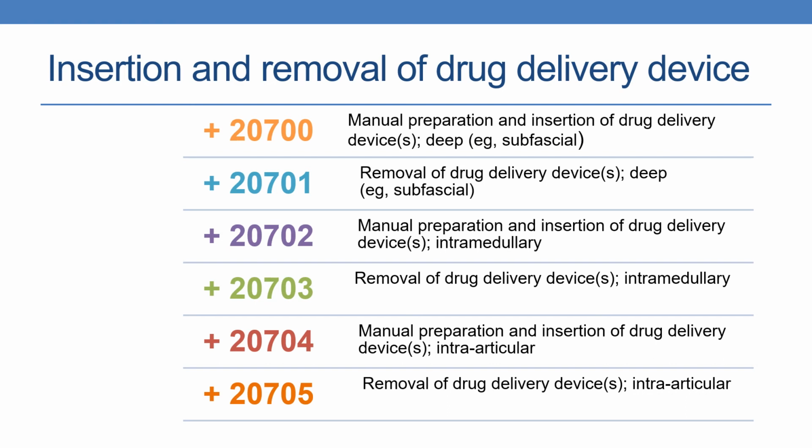And similarly, 20701 can be reported along with 11010, 11043, 11044, like that. You can find the specific primary procedure codes which must be used in conjunction with these add-on codes.